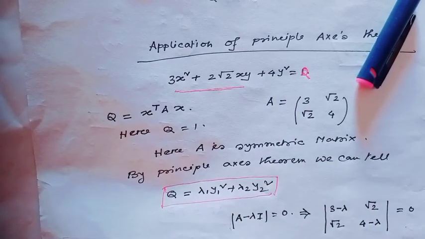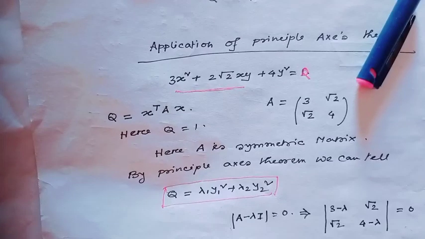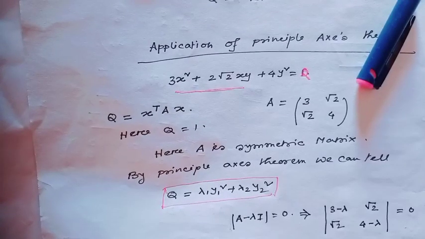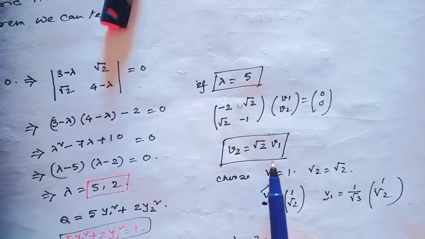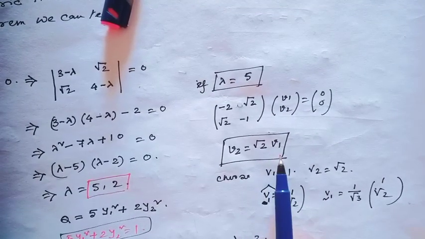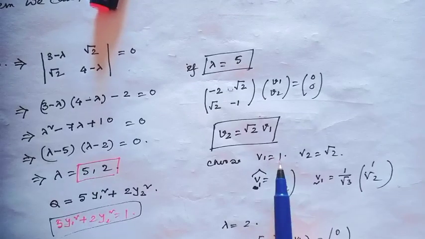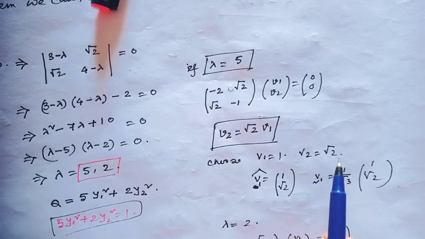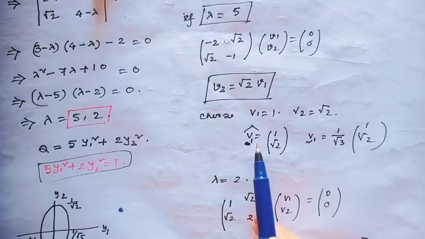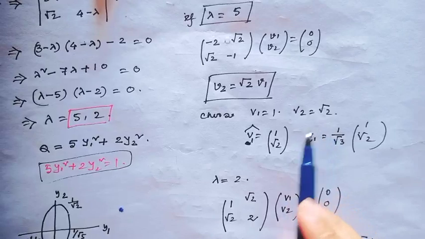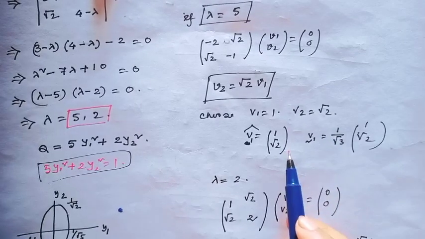here the principal axes lie on the eigenvectors. So at first find the eigenvectors. For lambda equal to 5, I will get v2 equal to square root of 2 v1. Consider v1 equal to 1, then v2 would be square root of 2, and consider the eigenvector is v1 cap, then this would be 1, square root of 2.